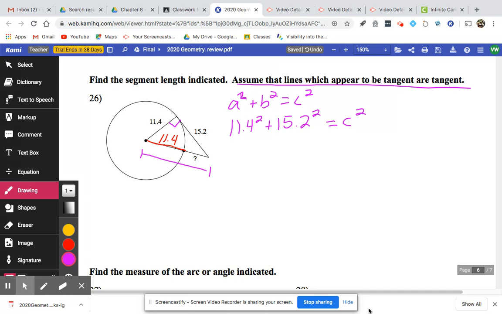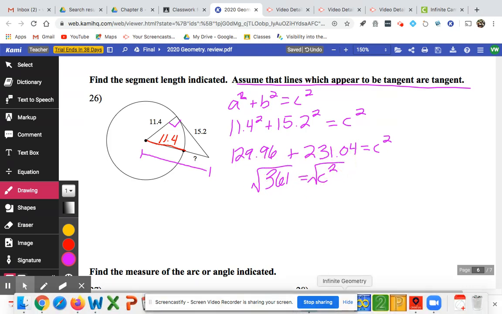11.4 squared is 129.96. 15.2 squared is 231.04. Add the two together, we actually get a really nice number: 361. And remember, to solve these, we need to take the square root of each side, and we actually have a perfect square.